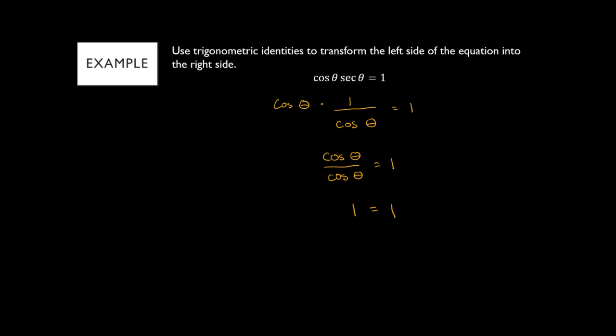And so that comes out to 1, and we've basically proven this statement. So all we needed to do was rewrite secant, and then you can see, oh, cosine cancels out, you're left with 1. So this is a pretty simple example, just using the reciprocal identity to show how these work out.